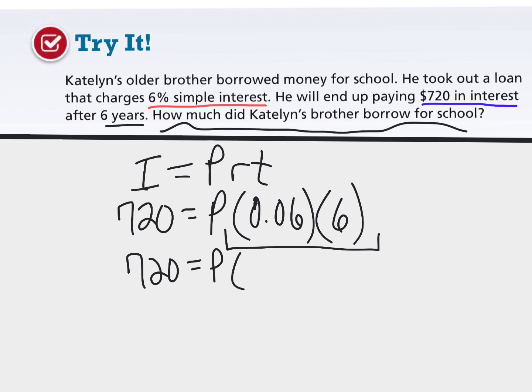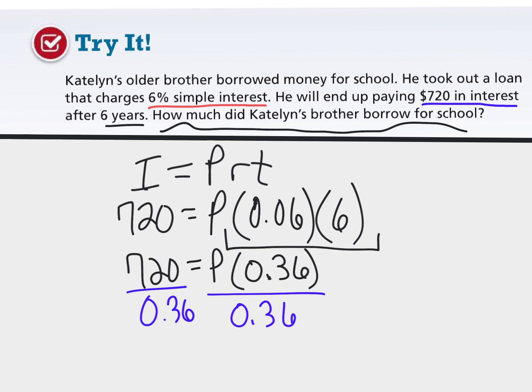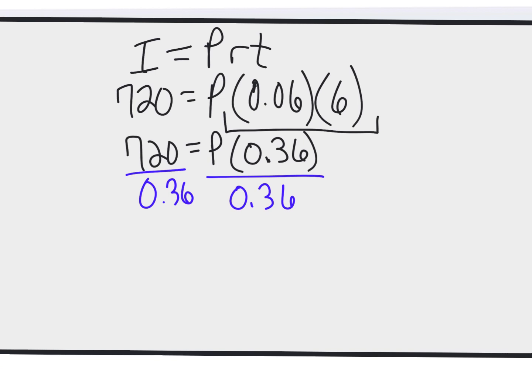If you multiply those together, would be 36 hundredths. And then they're multiplying, so we can divide by 36 hundredths. Gets those to cancel, and that would be $2,000.